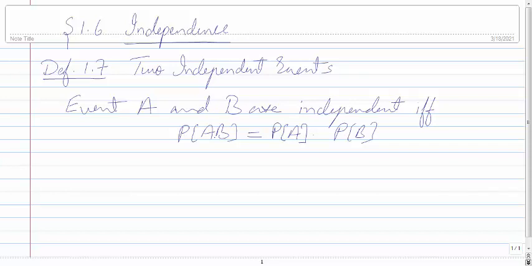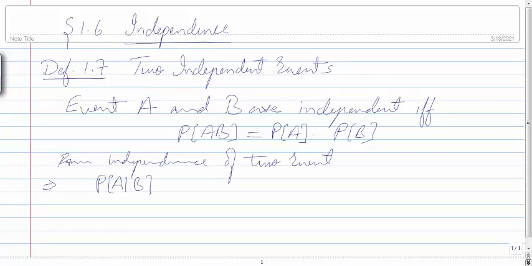So if we use this definition for independence, we can say that from independence of two events, we further say that this implies that if we take a conditional probability of A given B, as events A and B are independent, this means that this probability is equal to probability of A. Because there is independence, the conditional probability doesn't matter.